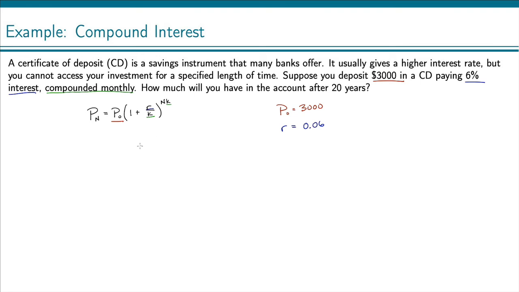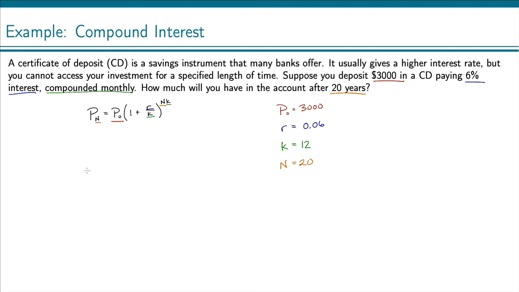K is the number of times compounded per year. So that tells me that K is equal to 12, because it's compounded 12 times per year. And then finally, how much will you have in the account after 20 years? That's N. So N is 20.